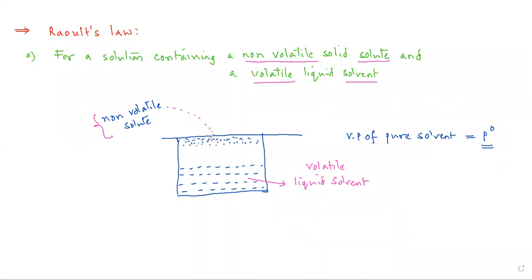Now see, when the non-volatile solute is added to this solvent which is volatile, what happens? See, when the volatile liquid solvent is taken alone, the surface is occupied only by the molecules of the solvent which are volatile, right?